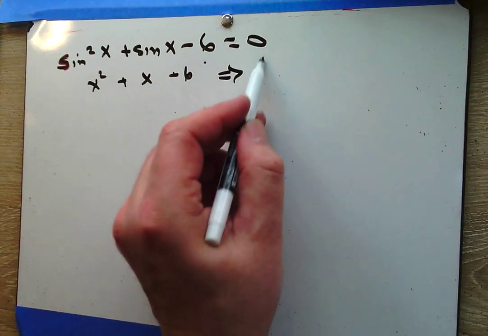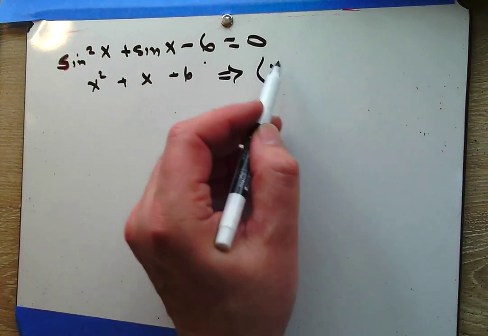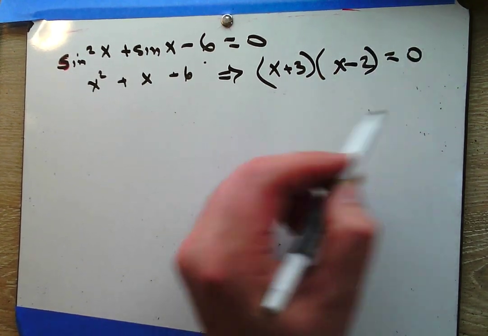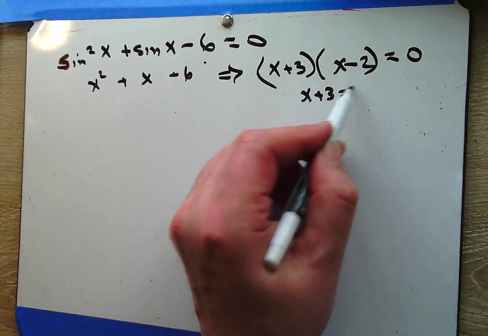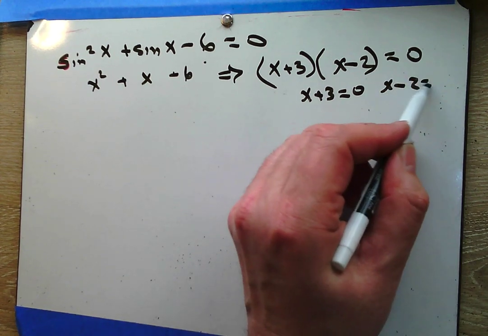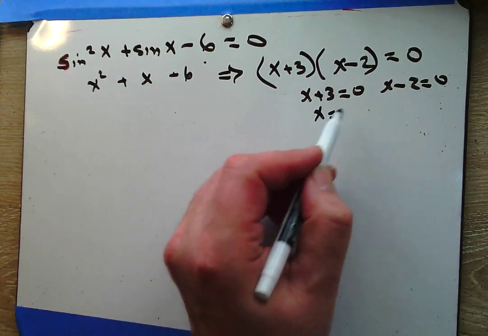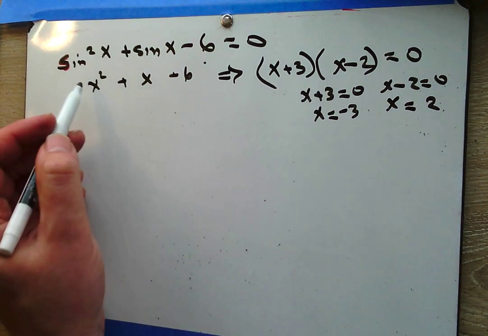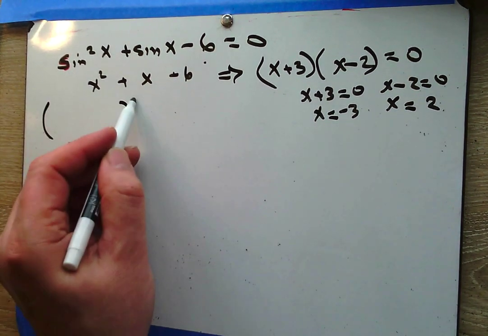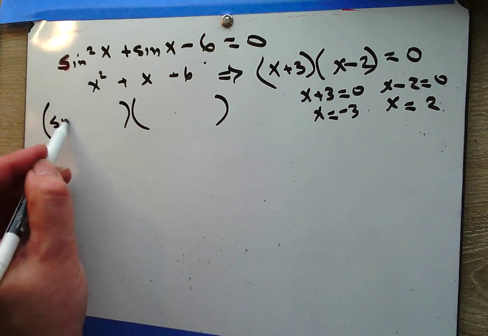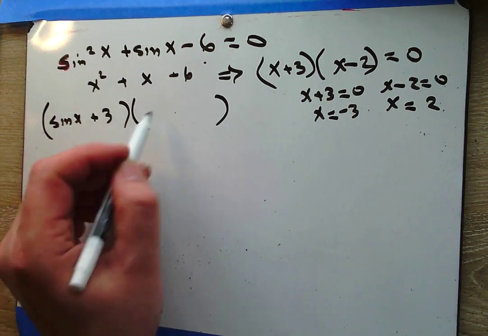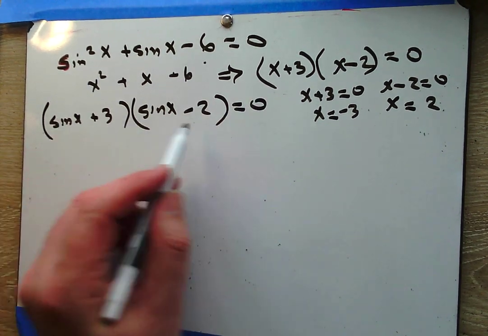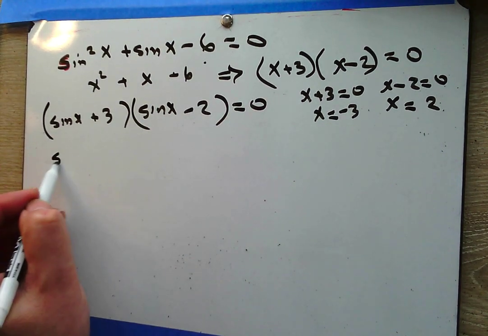And just as you would factor this as x plus 3 and x minus 2, and then set each factor equal to 0, to get x equals negative 3 and x equals positive 2, here you're going to factor this as sine x plus 3 and sine x minus 2. And then we'll set each factor equal to 0.